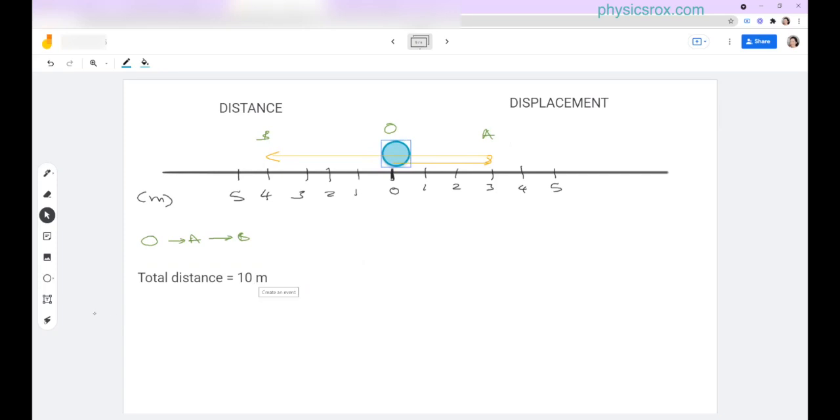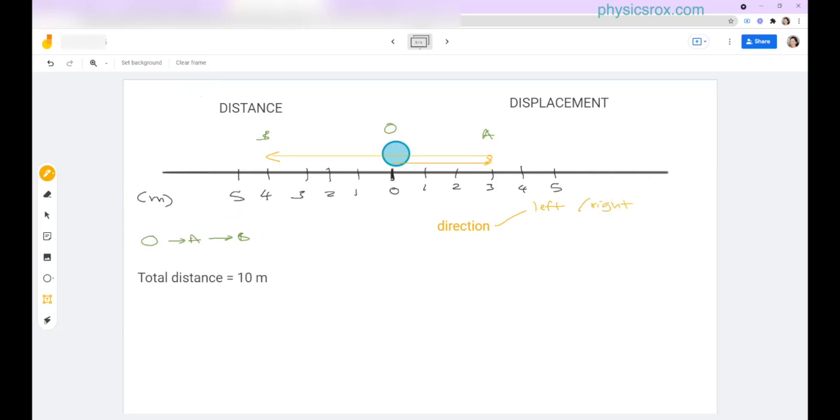For displacement, the direction is important. The direction matters. There are a few ways to express direction. I will just talk about 2 different ways. You can write it as left or you can write it as right.